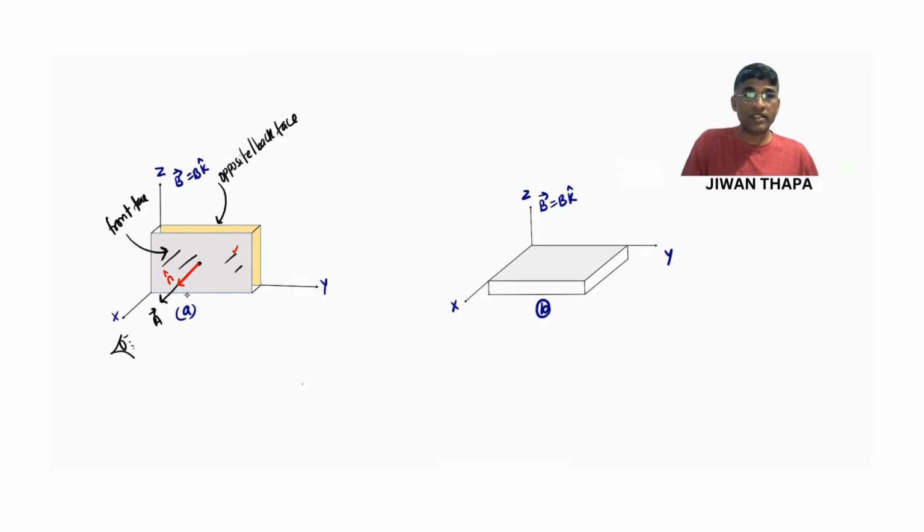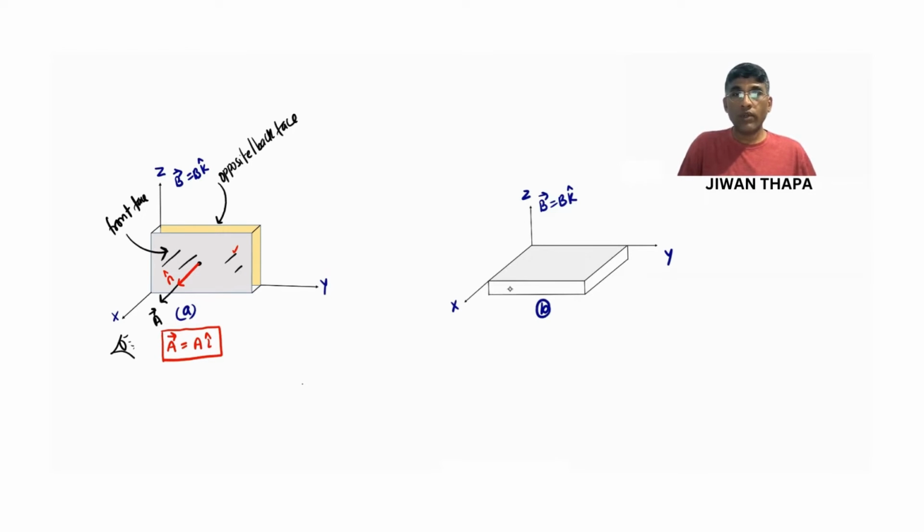So we can represent the area vector in figure A in this way: vector area equals magnitude of area times unit vector i cap acting along positive x-axis.